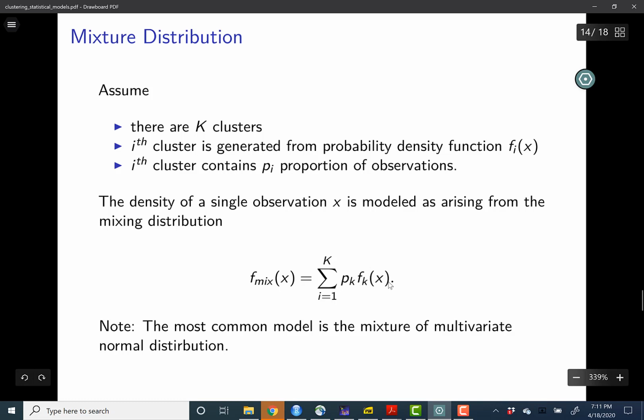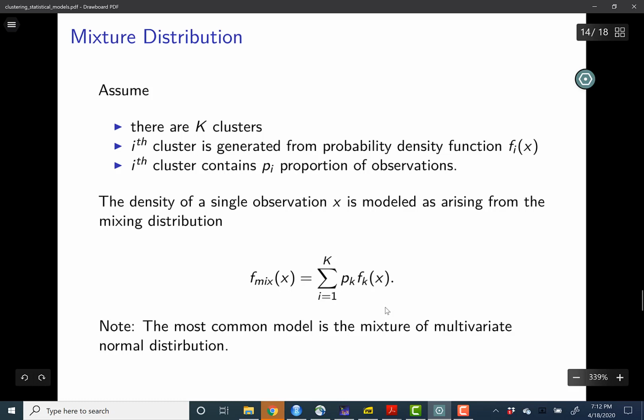The most common model for this is a multivariate normal. Mostly people will assume that these Fk densities come from multivariate normal distributions. Why multivariate? Because your items can have multiple dimensions. If they're one dimensional, then you'll just assume regular normal distributions. But this is a multivariate case, so we'll assume a multivariate normal distribution.